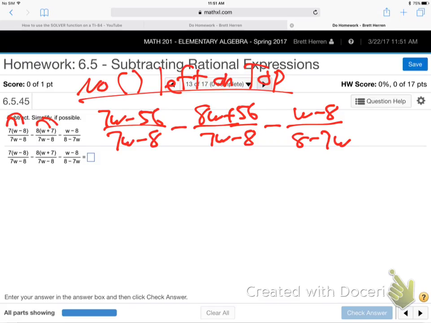Okay, which one are we looking at? What about the denominator in the middle? Okay, a couple things. How did you get 8 minus 8w plus 56?